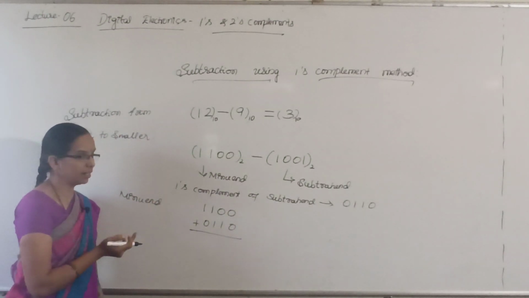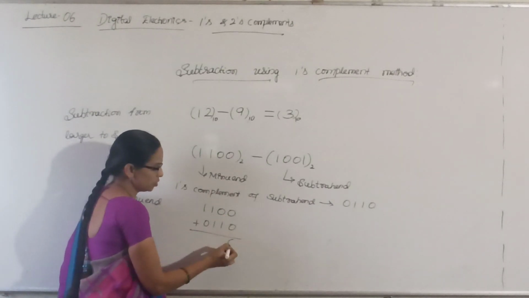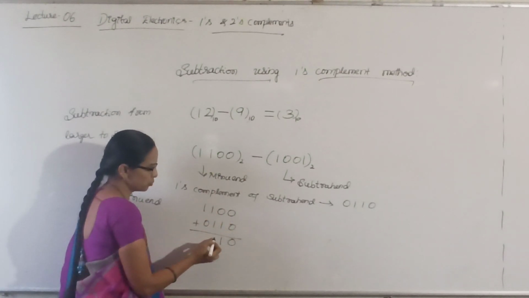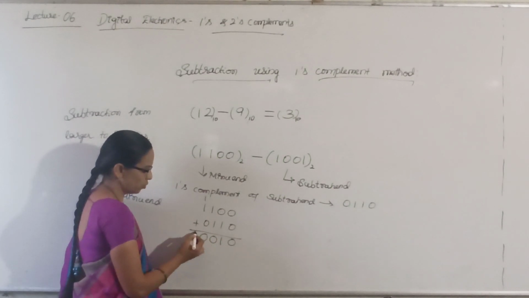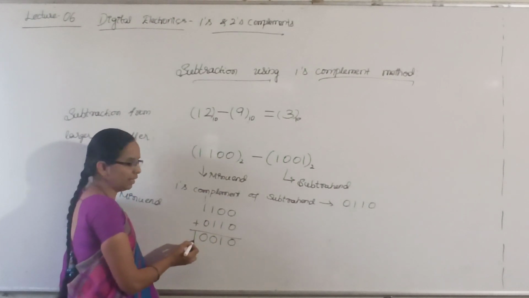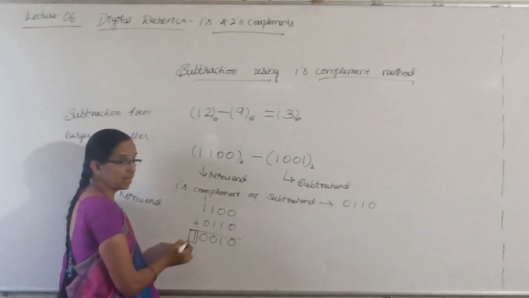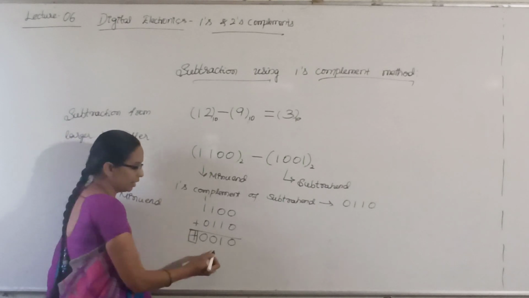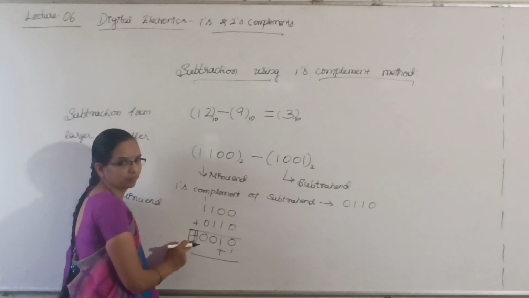That is 0 plus 0 is 0, 0 plus 1 is 1, 1 plus 1 is 0 with carry 1, 1 plus 1 is 0 with carry 1. So an extra carry will be generated, that we will discard and add 1 to the result.